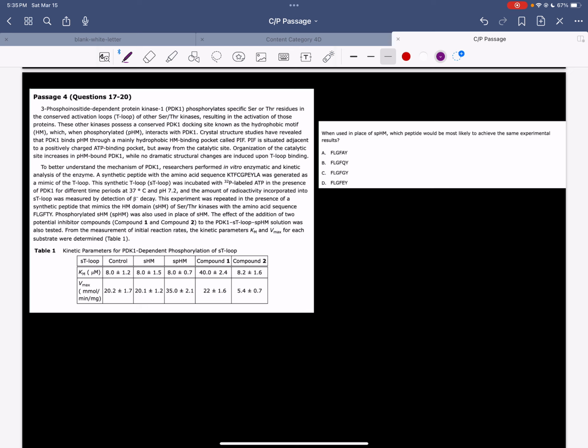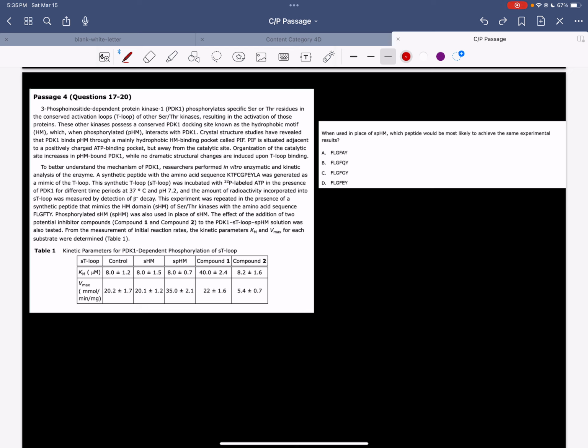Now let's go back to the passage again, like we talked about. In the first paragraph, let's skim through. First line, second line, third line, fourth line, fifth line, sixth line. I don't see anything mentioned as SPHM, so it has nothing to do with the first paragraph. Let's go to the second paragraph.